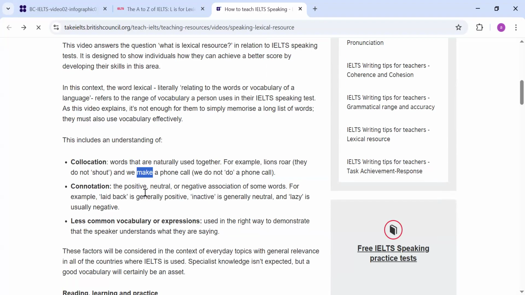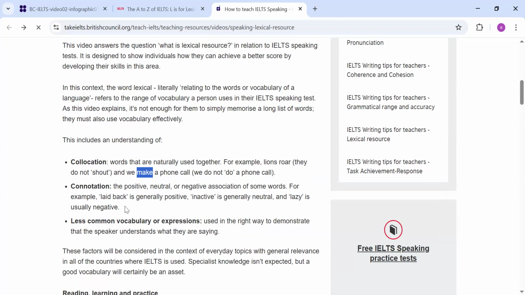Connotation means that words are different. Some words are positive, some are neutral, some have a negative association. For example, laid back is generally positive, inactive is neutral, like you can't say the person is either doing physical exercise or not. But lazy is usually a negative word.